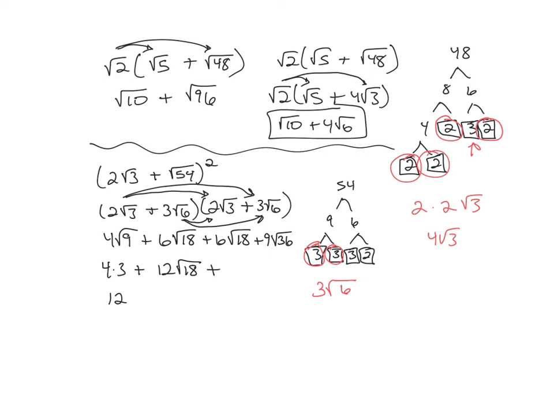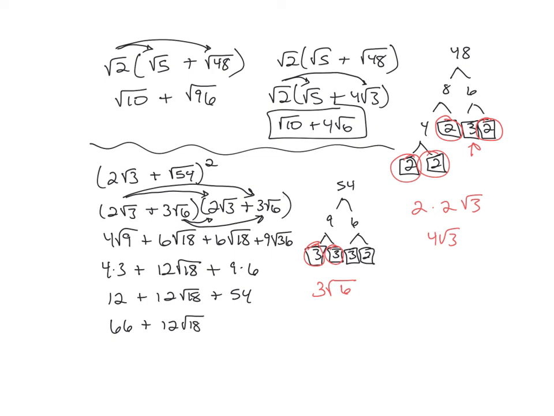And then again on this last one, I can do the square root of 36, which is 6. Okay, and that gives me a 54. And this one's kind of a hard one. I can add those two numbers together, 54 and 12. That's not the hard part. That's going to give me 66.